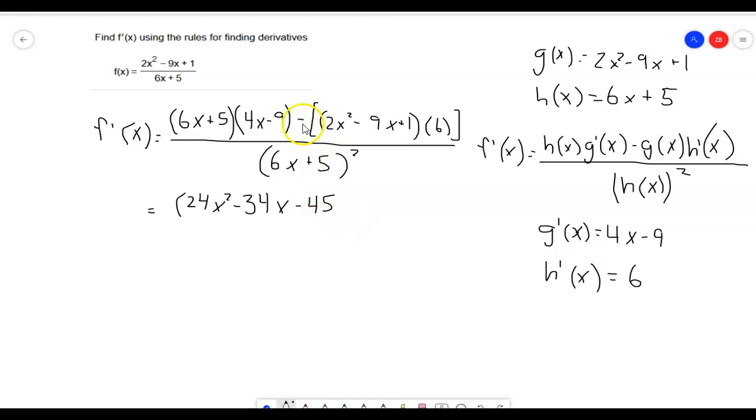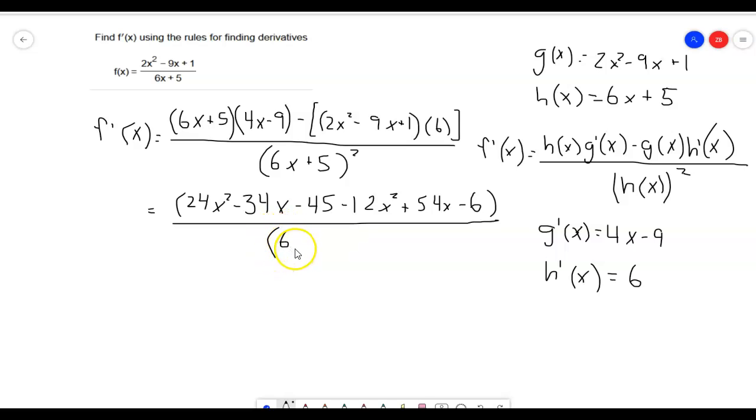And then this is going to be minus 12x squared, plus 6 times 9 is 54, so plus 54x, and this is going to be minus 6 when I distribute that all in there, all over 6x plus 5 squared.